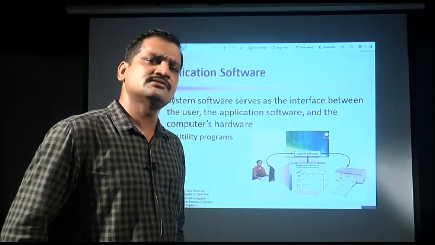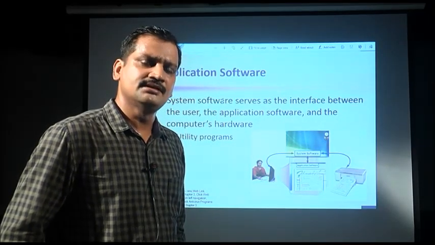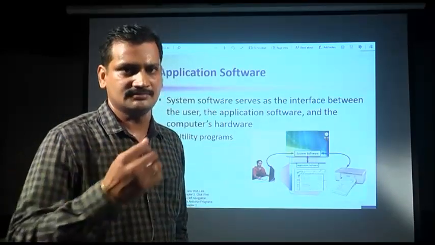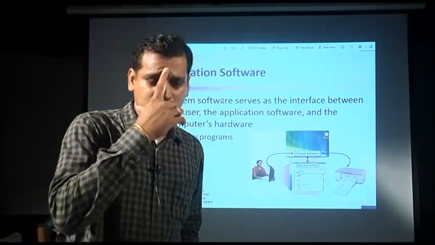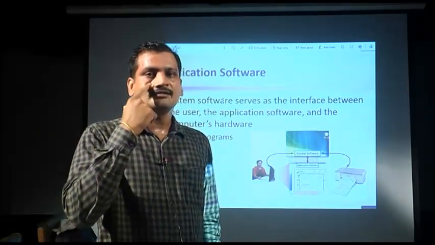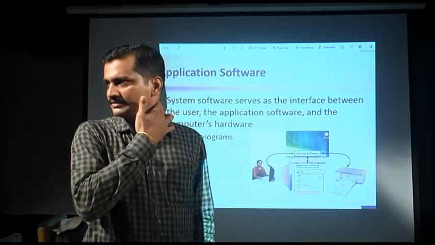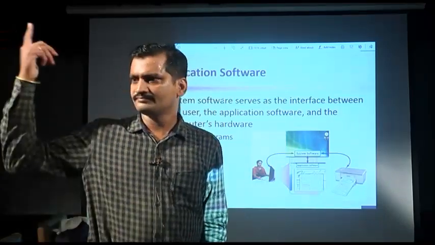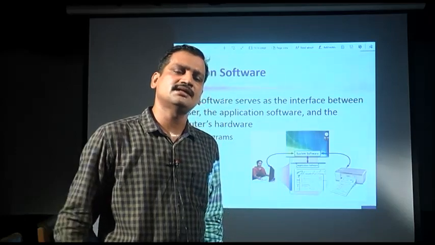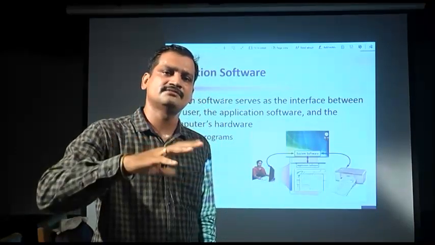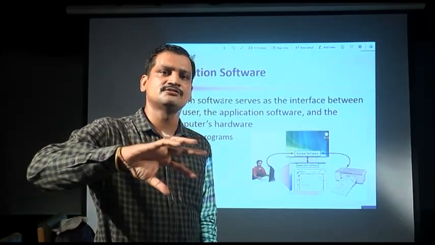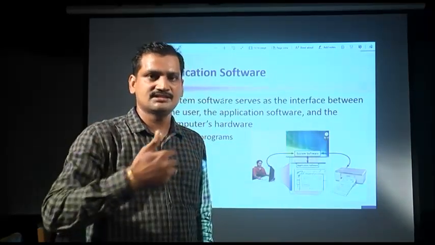Those are used as the interface between the user and the hardware, to use the system properly. We have different types of hardware, and system software enables the user to use the specific hardware.